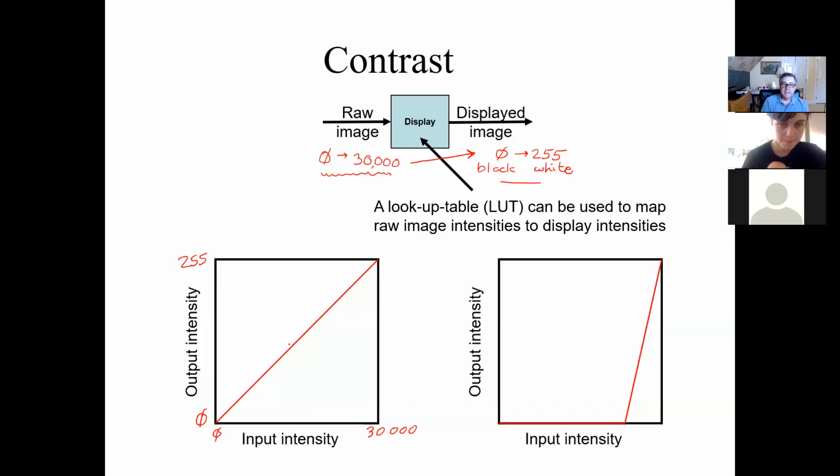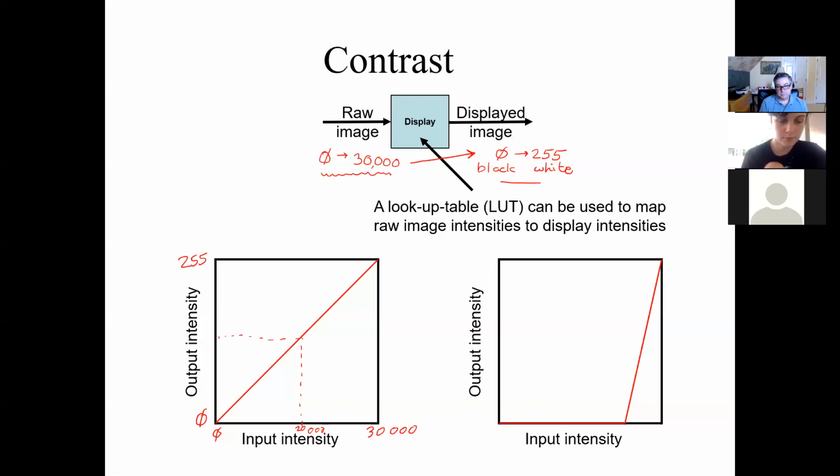And so in a straight linear mapping, which is the default, basically all I do is say, okay, I have a pixel here with an intensity of, let's say, 20,000. So it's going to be displayed with the appropriate intensity from just looking that thing up.